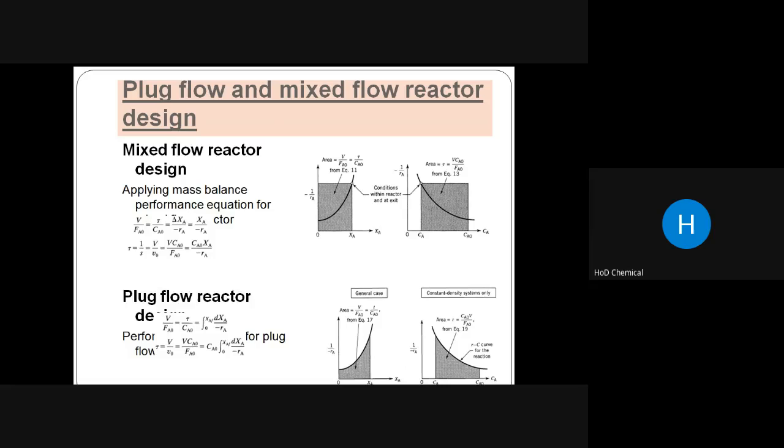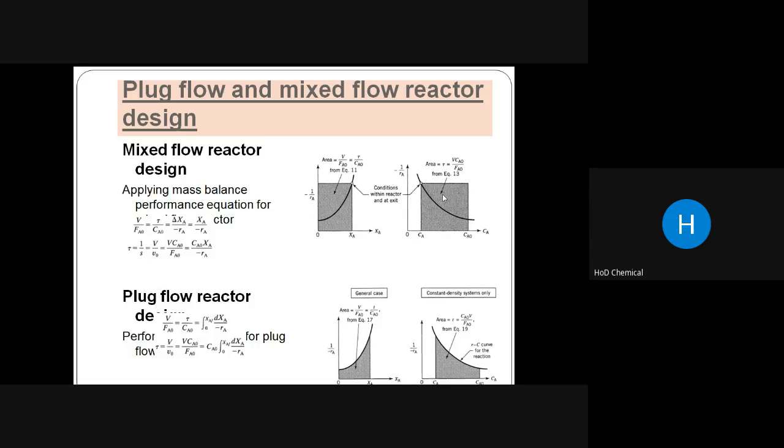So for the plug flow reactor and mixed flow reactor, through plotting a graph between the conversion and rate of reaction, we get an area.